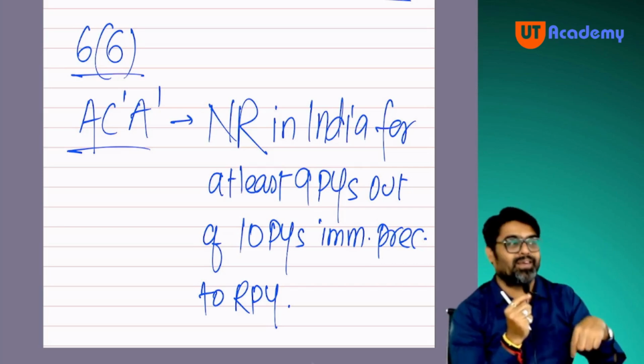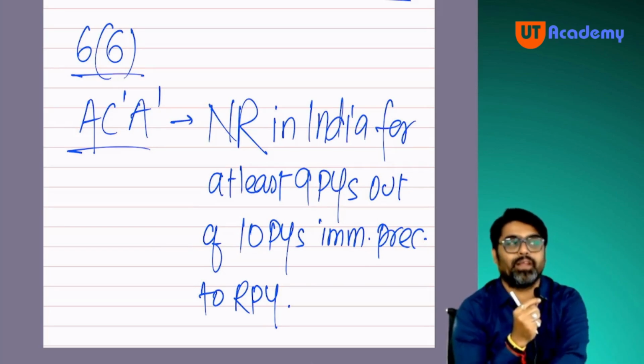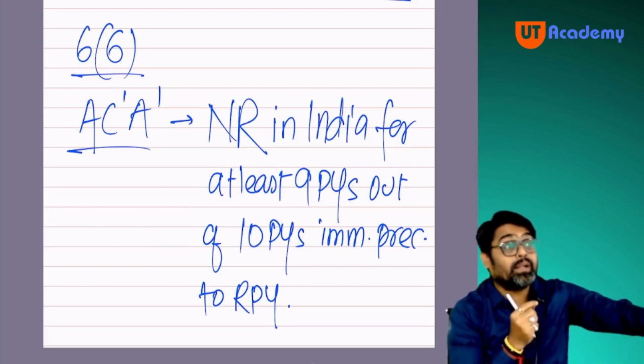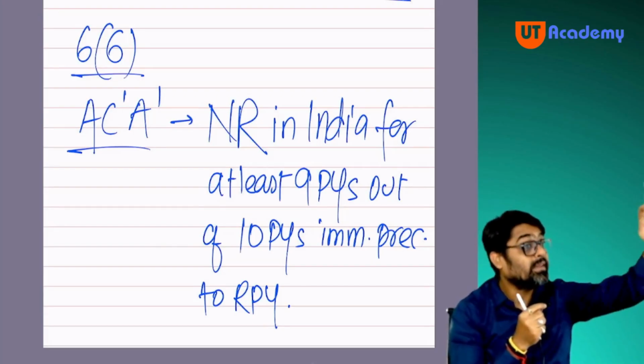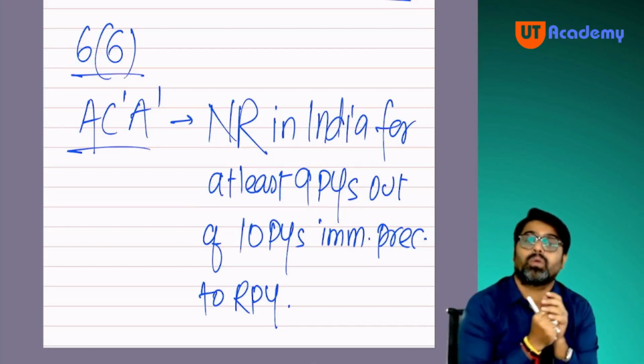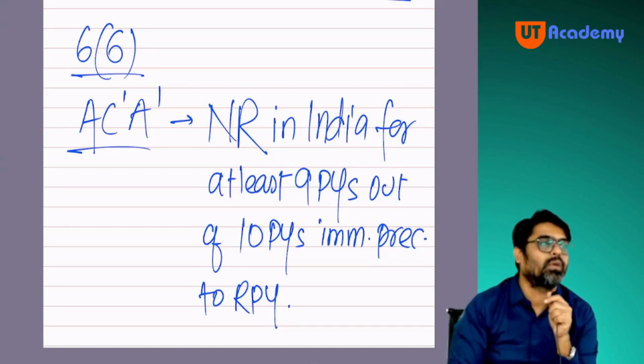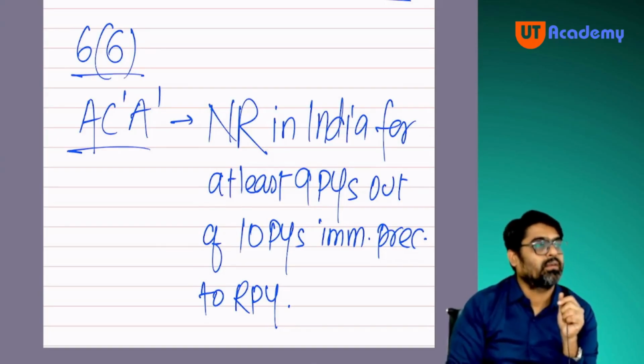And then you will count in how many years he is a non-resident. He should be a non-resident in how many years? All the 10 years. If not, then at least 9 previous years he should have been a non-resident. Getting my point? If you fulfill this condition, we will treat you RNOR.